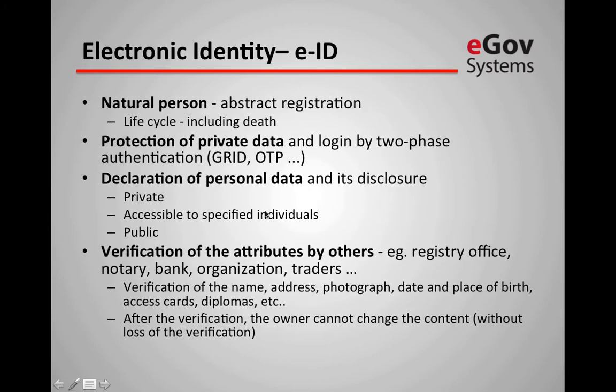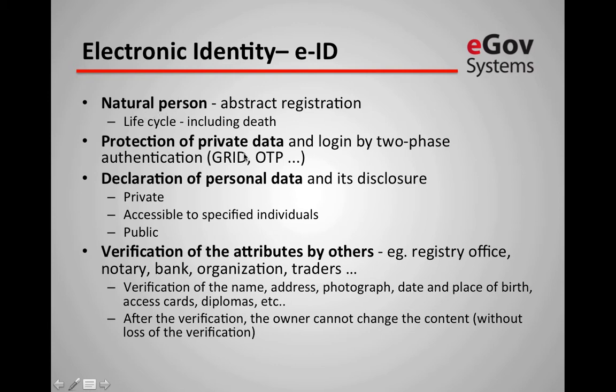Electronic identity for natural persons is actually an abstract registration which keeps its identity. The privacy of the data connected with this natural person is protected by two-phase authentication.